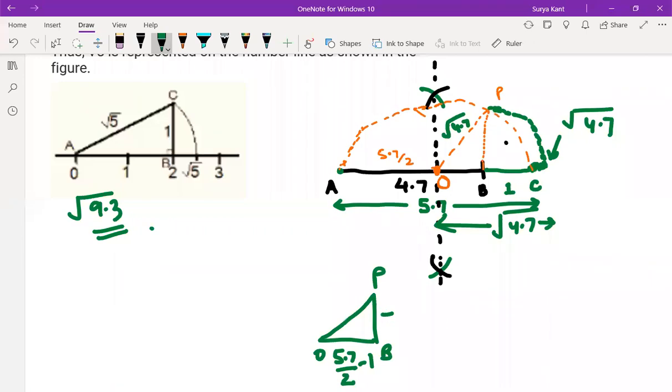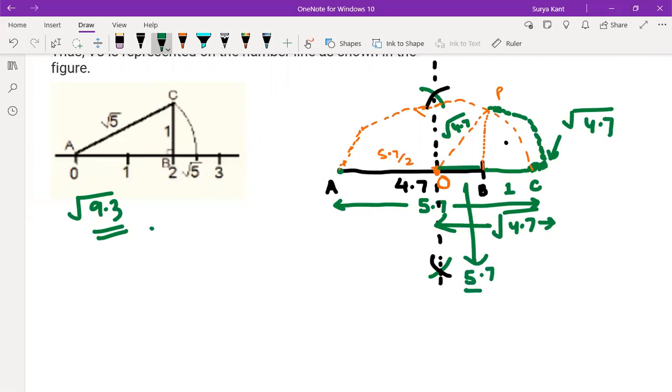Wait, one minute. This whole part is 5.7 by 2 minus 1.